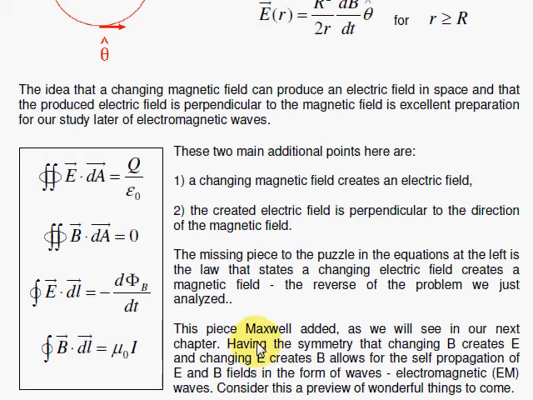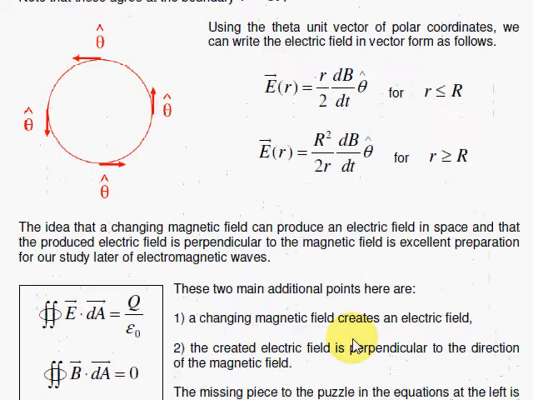Now that's coming later. For now, in preparation of that, I want you to understand this major discovery, in 2 parts. 1, a changing magnetic field creates an electric field, and the created electric field is perpendicular to the direction of the magnetic field.